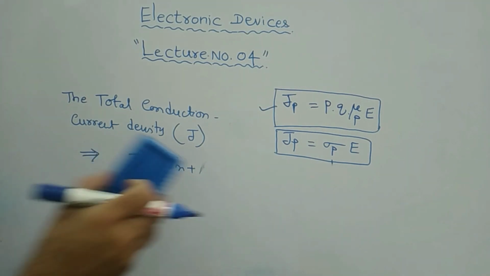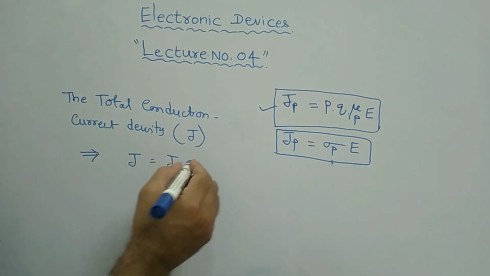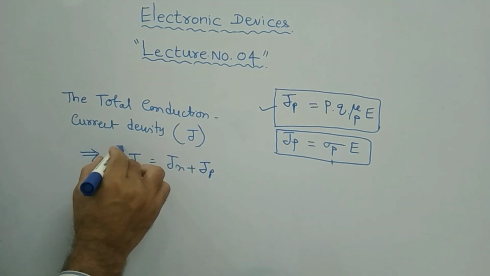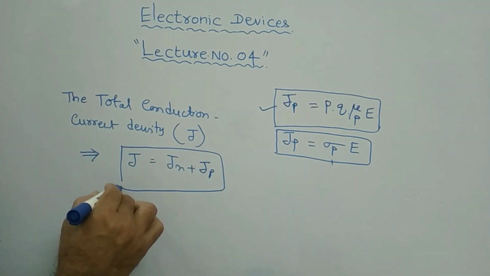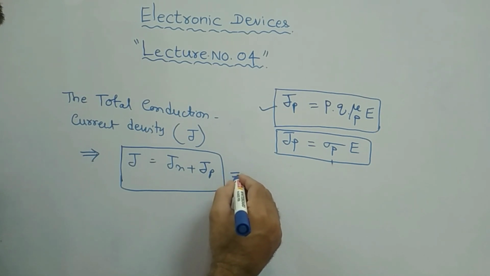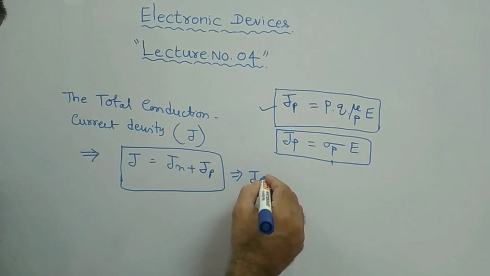It means the total conduction current density is the sum of the electron conduction current density and the hole conduction current density.